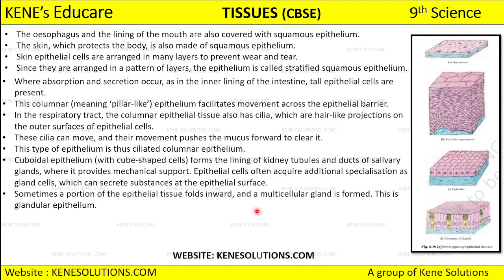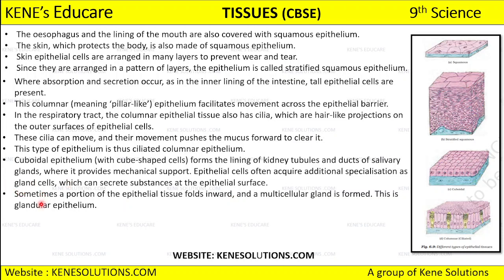The epithelial cell also needs some gland cells along with it so that it can secrete substances at the epithelial surface. Some substances should be secreted at the epithelial surface, right? For that reason our epithelial cells need some additional specialization, and that additional specialization is the gland cells.